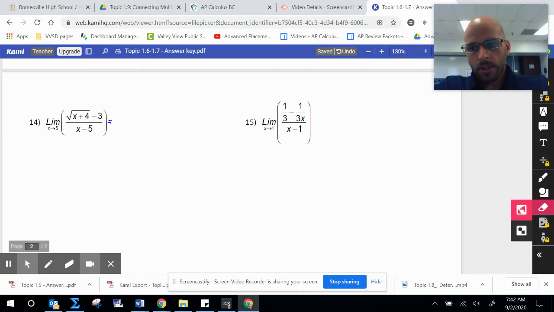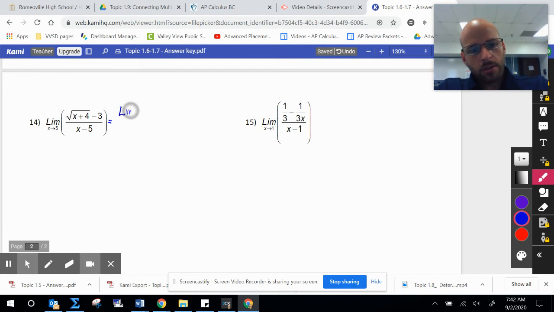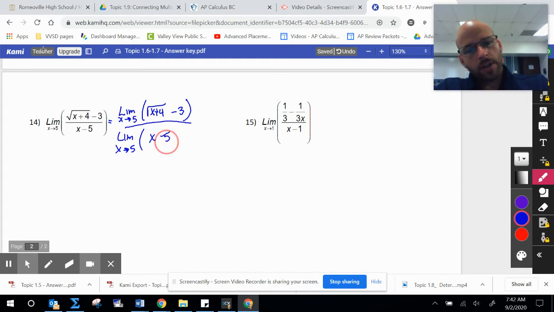I'm going to do the limit as x approaches 5 of the square root of x plus 4 minus 3, all over the limit as x approaches 5 of x minus 5.